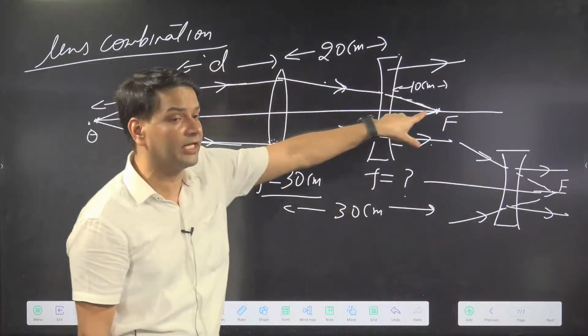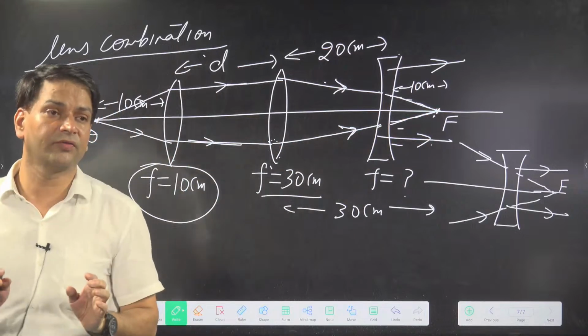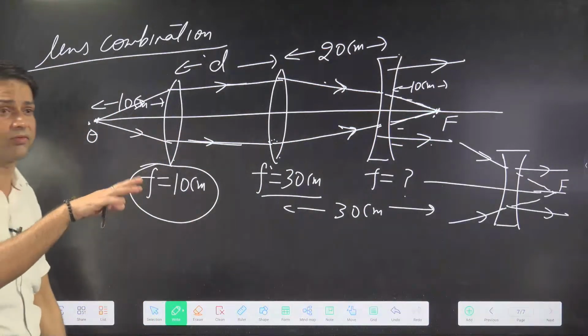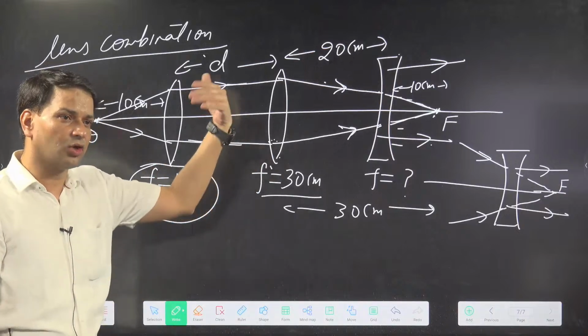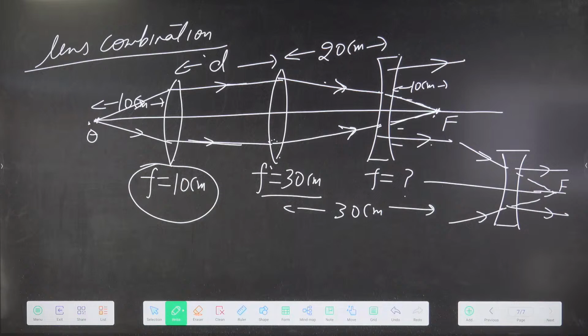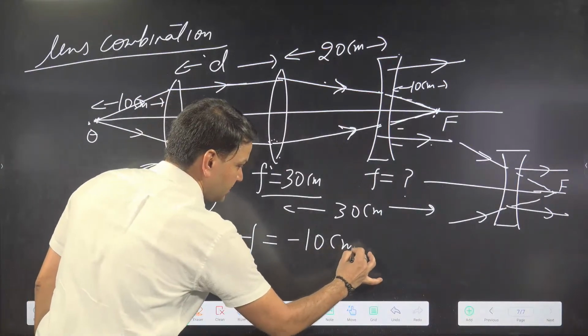It means that point has to be the focus of the concave lens. Keep this figure in mind because this type of combination they can give. Already they have given it in the NCERT solved example, so this type of question may come. So the focal length of the concave lens we got is minus 10 centimeter.